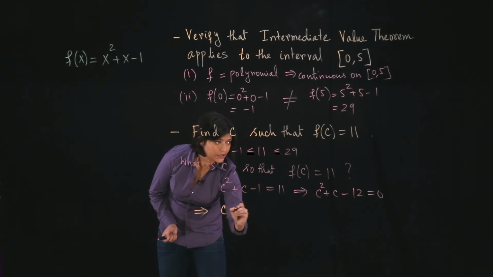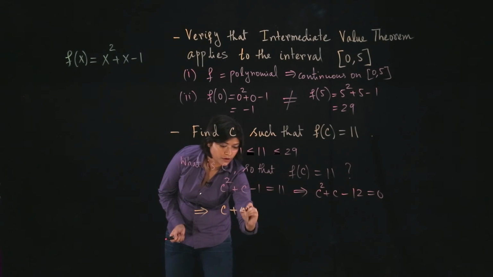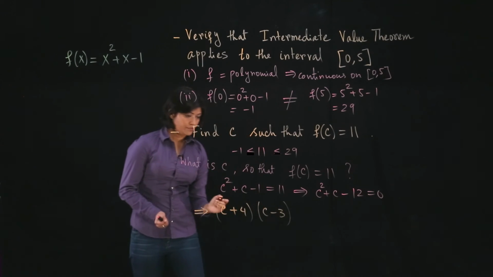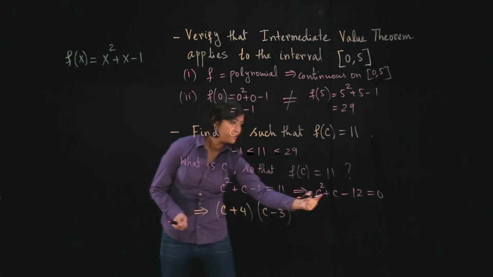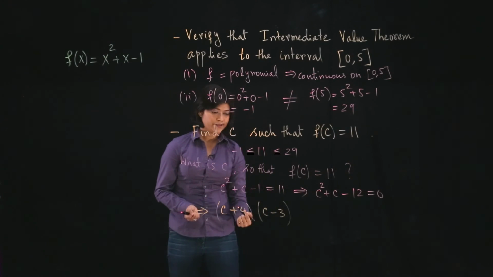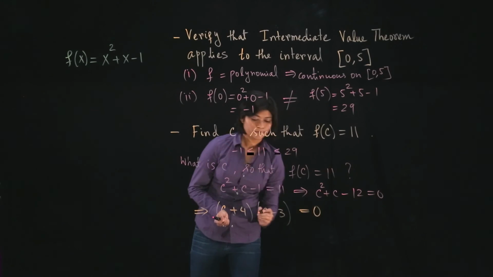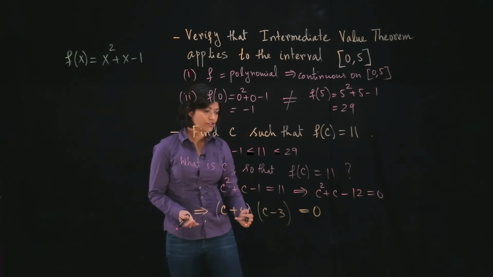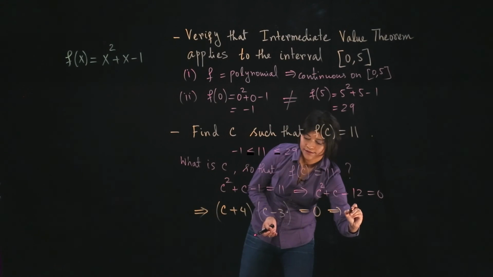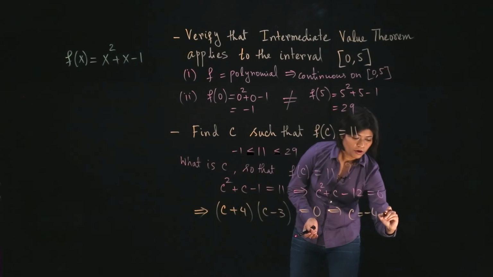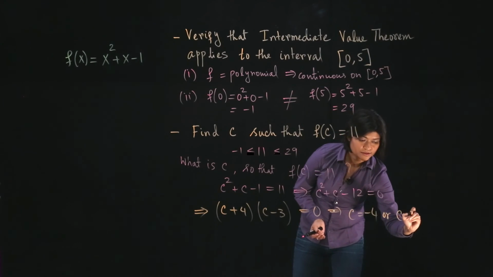So c plus 4 and c minus 3. Right? 4 times negative 3, that's negative 12. 4c, negative 3c, that's plus c. So this is equal to 0. And then 2 factors will give you 2 values for c. So we will get c equals negative 4 is one of them, or we have c equals 3.